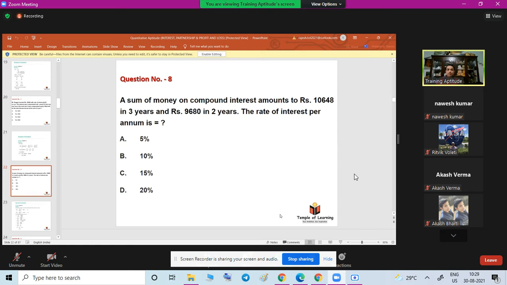Yes, please. If you apply common sense, this question is very, very easy. A sum of money on compound interest amounts to 10,648 in 3 years and 9,680 in 2 years. Find the rate of interest per annum. Very interesting.